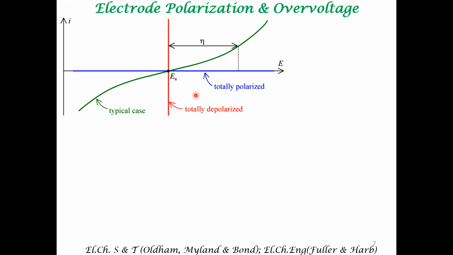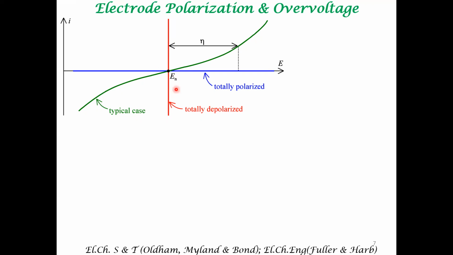So there are two limiting behaviors for the electrodes. One is called the totally depolarized electrode. This is like a model, a reference system. This kind of behavior is observed asymptotically in a reference electrode. So what is that? It's not possible to change the electrode potential because there is a lot of current in this system.